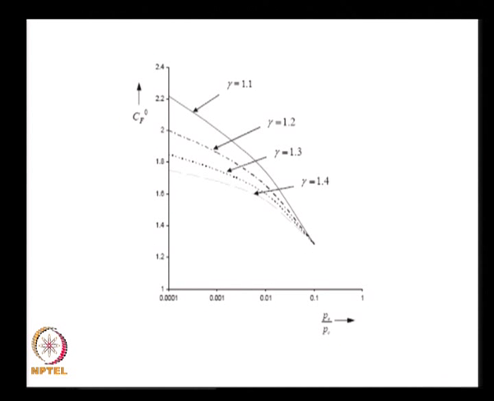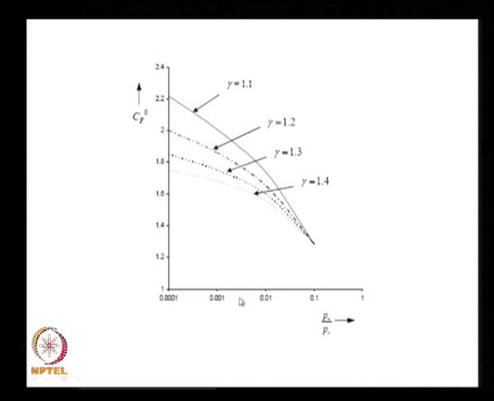What is it I find? As I increase the value of Pc by Pe, that means over here the value is Pe by Pc, that means I have higher expansion ratios, higher value of Pc over here, lower values of Pe over here.